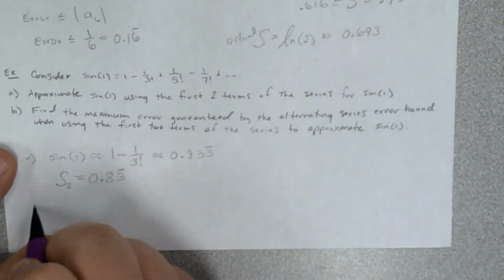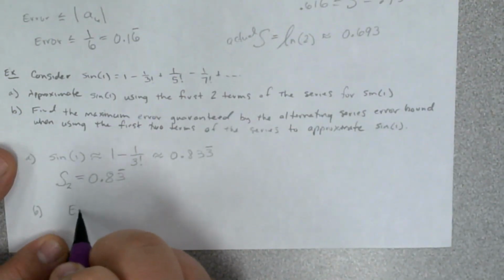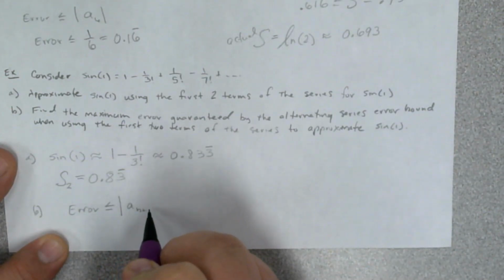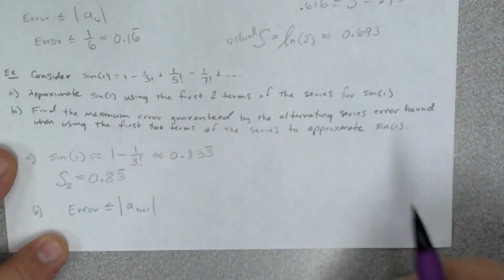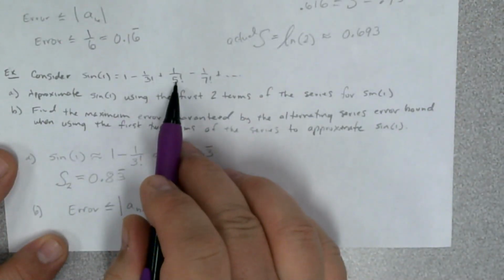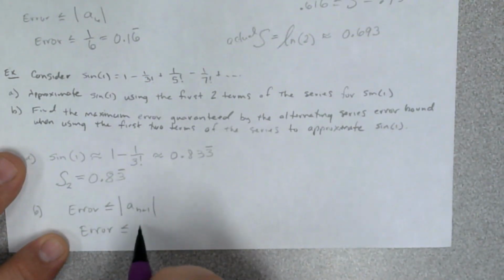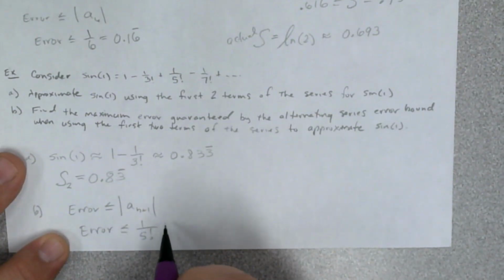All right, so what is our error? Our error is going to be less than or equal to the absolute value of the next term in the series, which is this number right here. So that means our error is less than or equal to 1 over 5 factorial, and 1 over 5 factorial is 1 over 120.